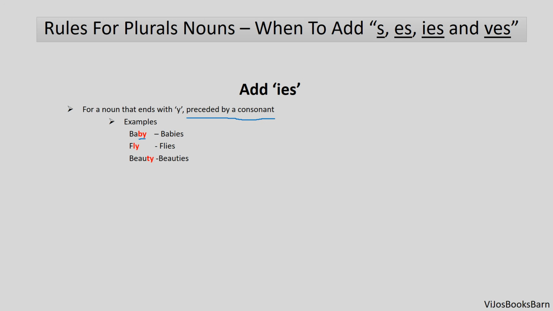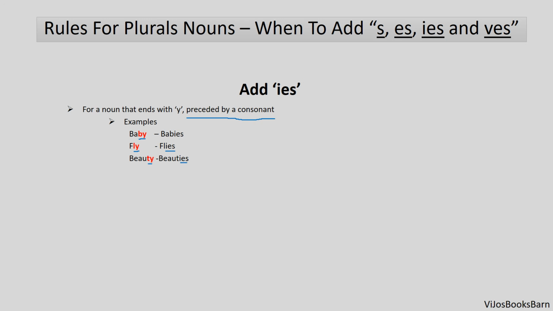Here again we have to replace the Y. Fly ends with Y and is preceded by a consonant L. So replace Y with IES. Beauty. The word ends with Y and is preceded by a consonant T. So replace Y with IES. This is the rule for IES.